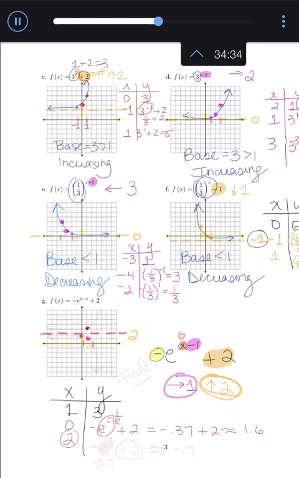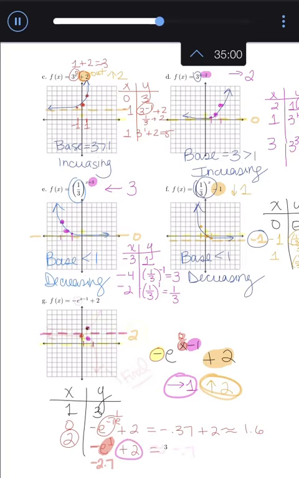Now let's see what happens if I plug in 2. We get negative e to the, well, if we're plugging in 2 now for x, it'd be 2 minus 1, which is 1, plus 2. Well, again, I need to think about this, because e to the first power here is 2.7, but the minus sign will make that negative. And then I still have to do what?